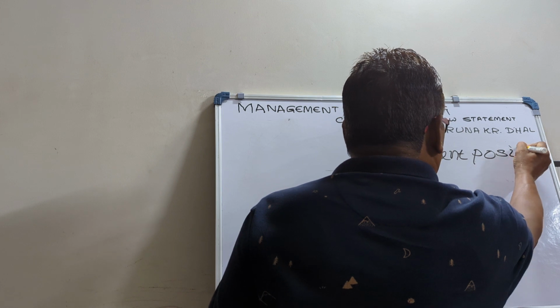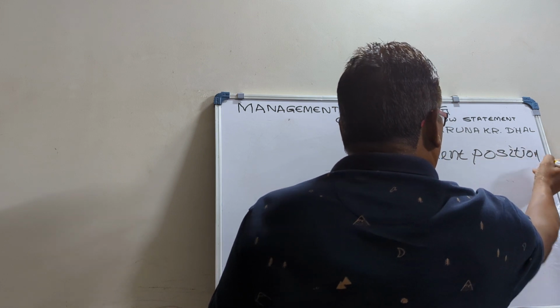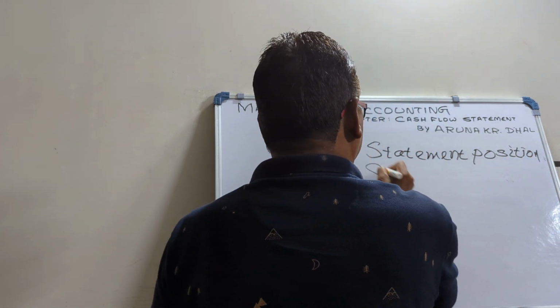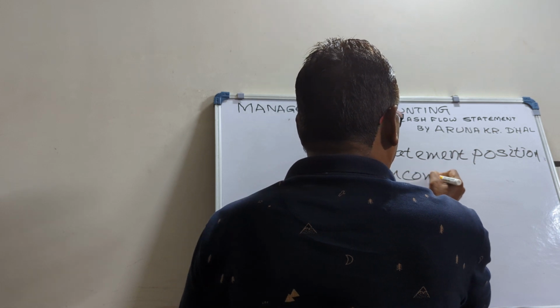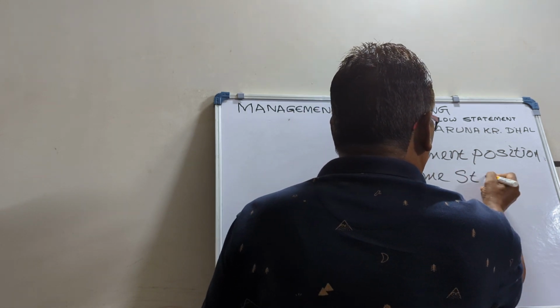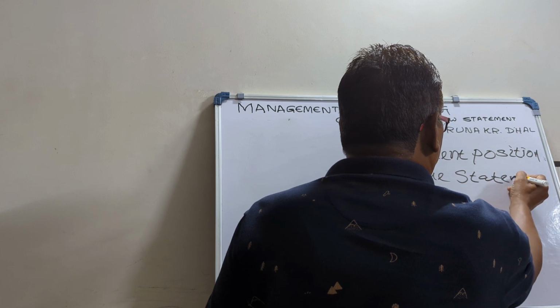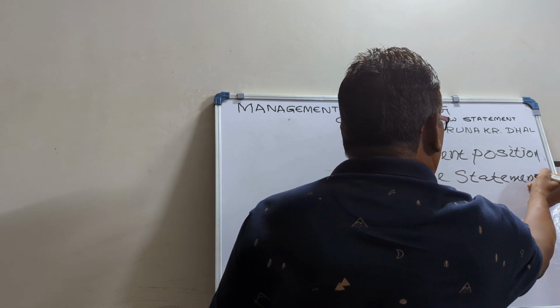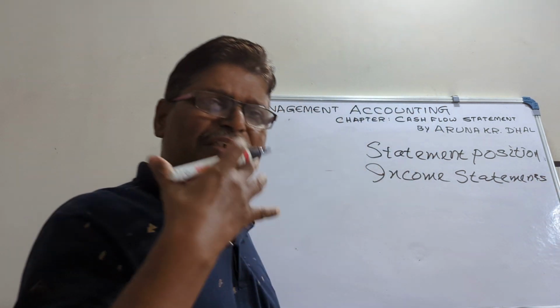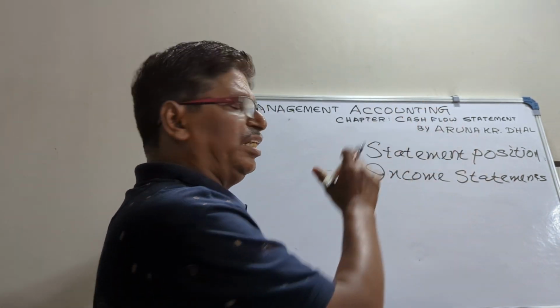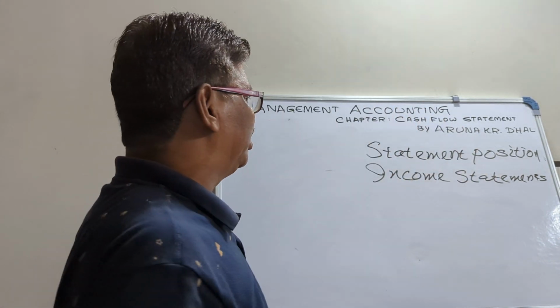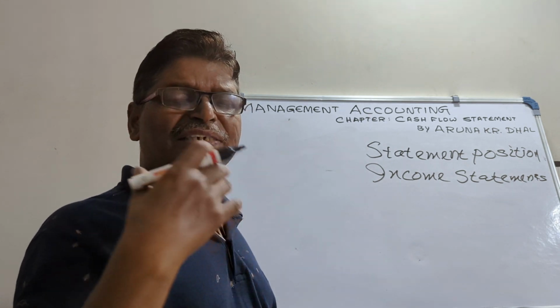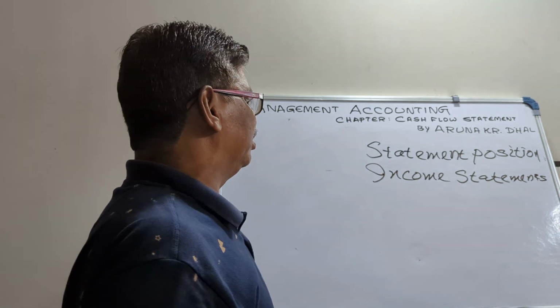Then the income statement, that is profit and loss account. From the balance sheet, we know that as a mirror reflects the face of a person, the balance sheet reflects the financial position of the concern, showing assets on one side and liabilities on the other.